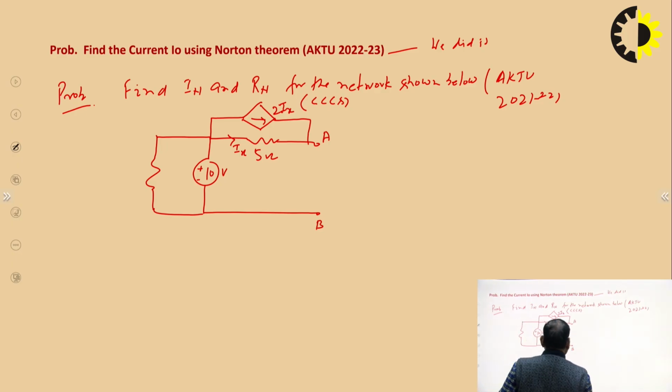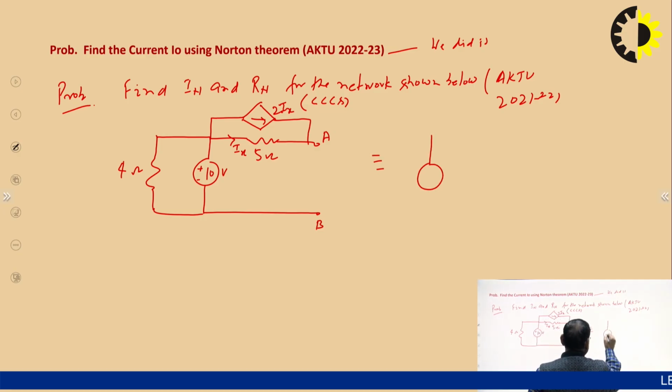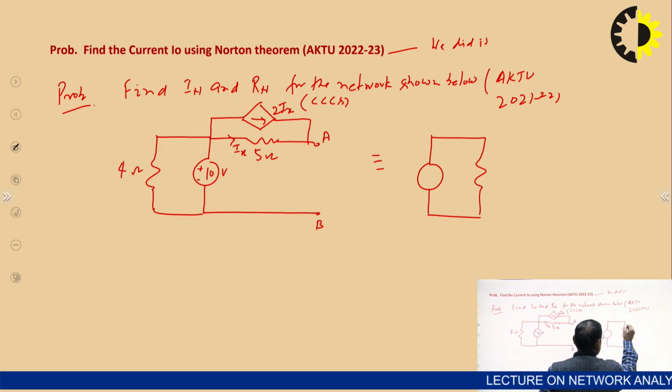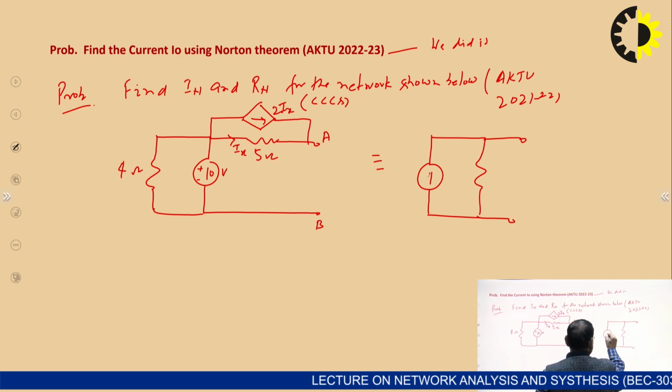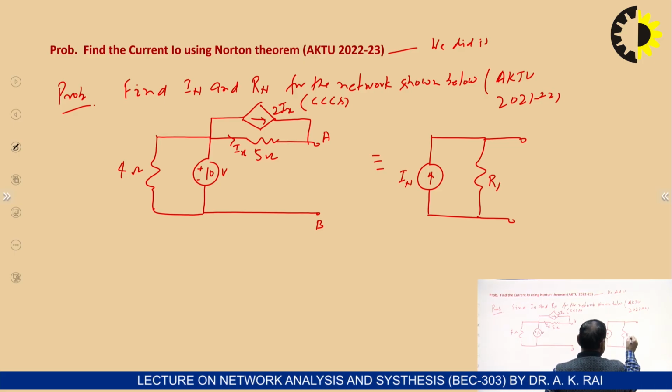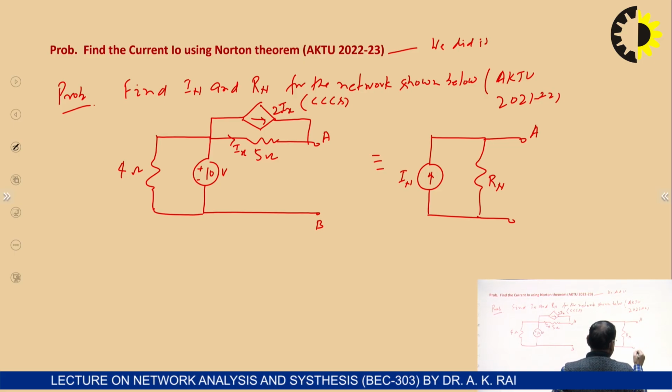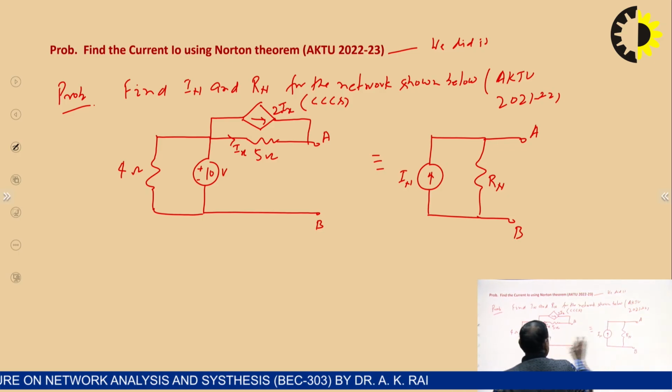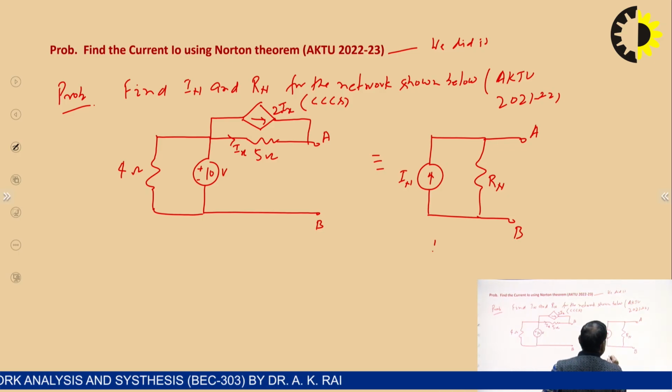You are required to find the Thevenin and Norton equivalent. So you have to replace this circuit by this, your IN and your RN at AB. This is called the Norton equivalent.